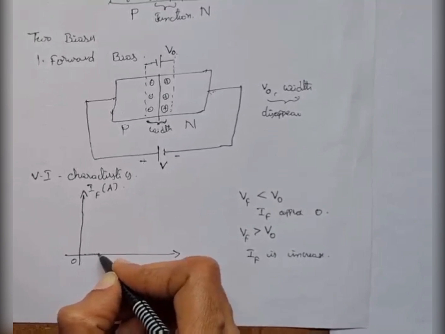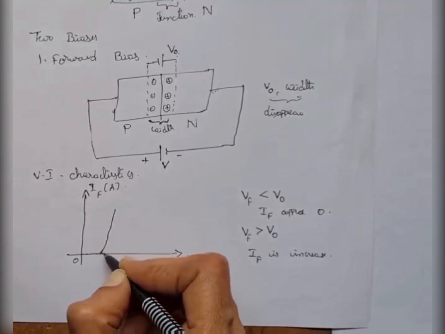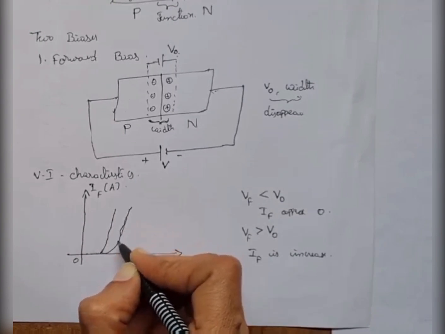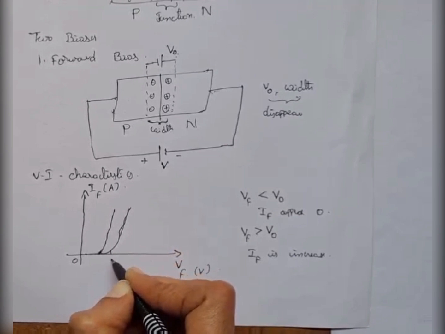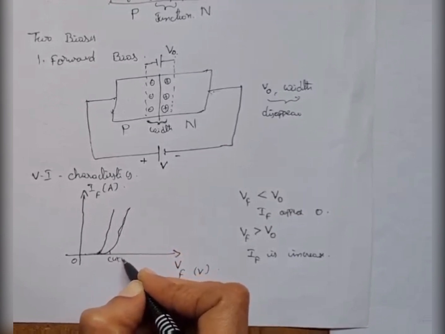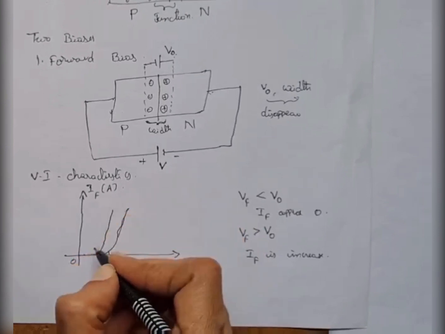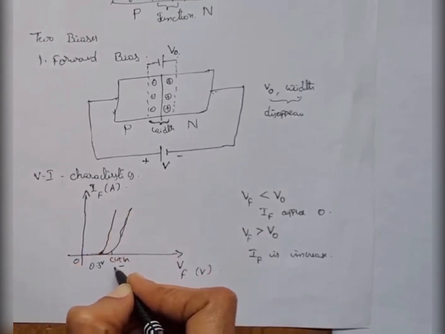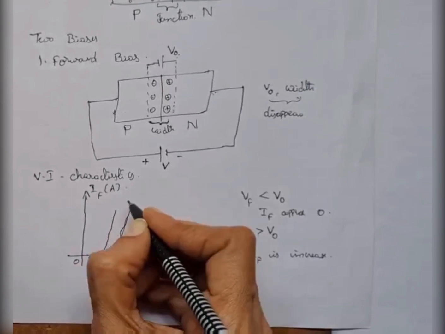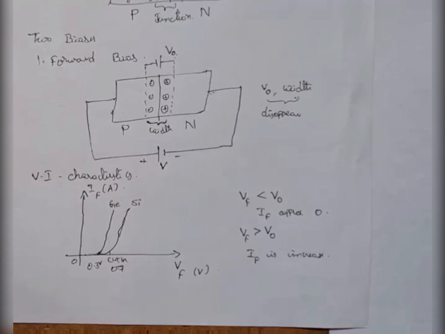When it is increasing, then forward current increases. So this point is called the cut-in voltage: 0.3 volt for germanium and 0.7 volt for silicon diode.